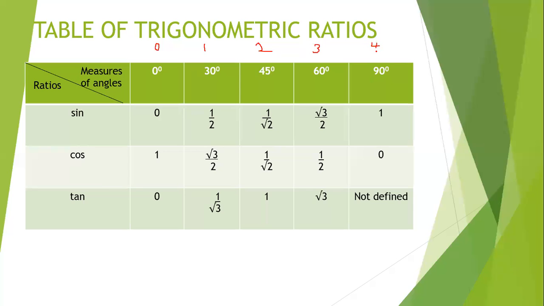So the last number we got is 4. So we will write upon 4 everywhere. Now we will put square root everywhere.